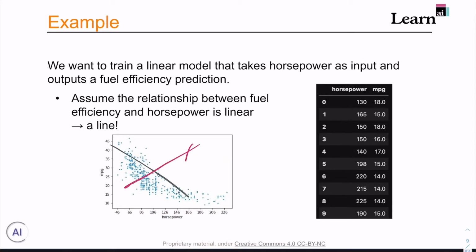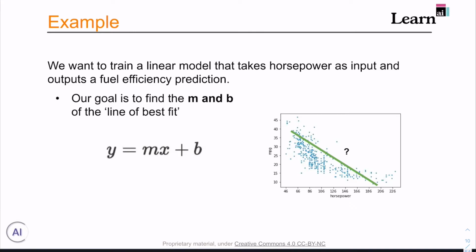We're trying to approximate our data using a line. So our goal, again, I'm going to repeat this because it's really important: since we're trying to find a line, what we're really finding is an m and a b, because any line can be represented by m and b. We're trying to find the m and b that best represents the line of best fit. So maybe it looks like something like this green thing.